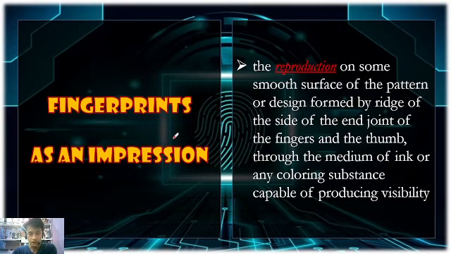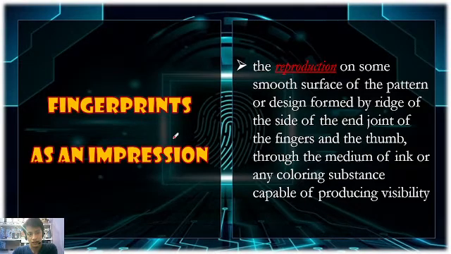So common, kapag sa white surface, ang nakikita natin dyan, or common na makikita natin, is darker na fingerprint. Kapag light na nga yung surface, and then light pa yung ink, or light pa yung substance na meron sa kamay natin, then possible hindi makikita through naked eye yung fingerprint.